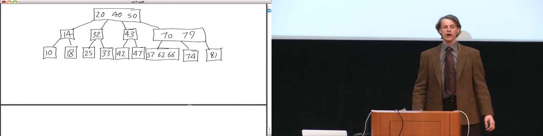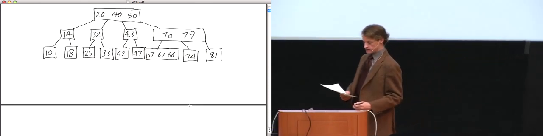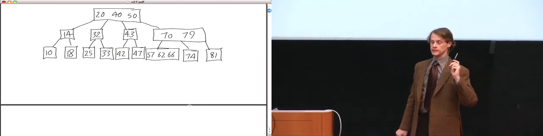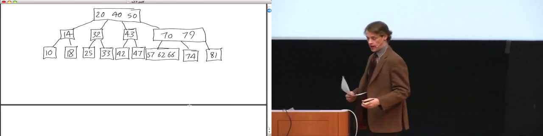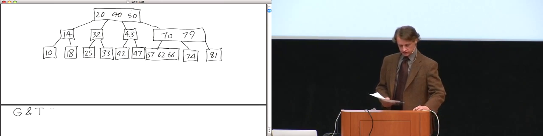One thing I want to warn you about before I start talking about details of operations on these trees is that the 2, 3, 4 tree operations I'm going to teach today are not the same as in the Goodrich and Tamassia textbook. There is a difference because there's more than one kind of 2, 3, 4 tree. The difference isn't the data structure.